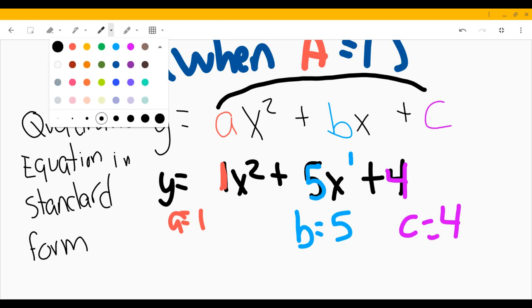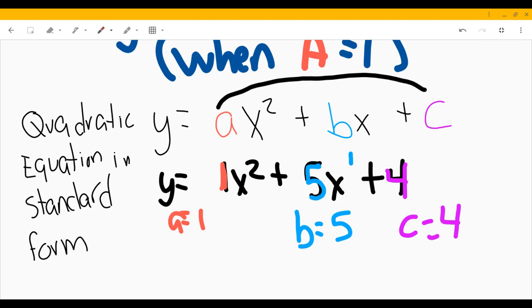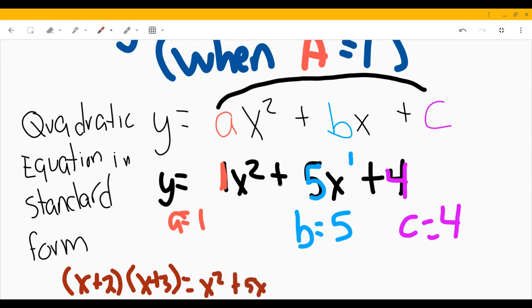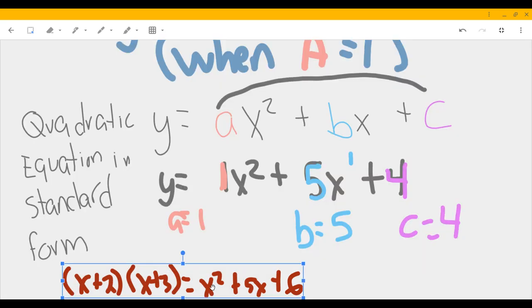So think about your do now from today when we had x plus 2 times x plus 3. And once we used the distributive property, that gave us x squared plus 5x plus 6. So factoring would involve us doing the opposite, going from a trinomial into two binomials.